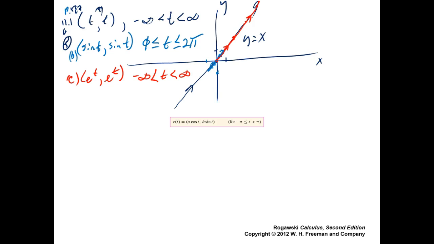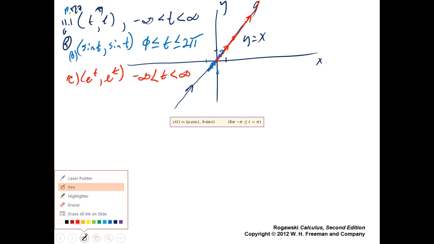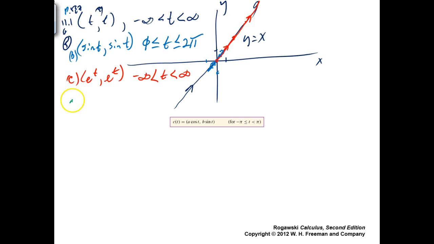Okay? Now, the D part. Give me a color. Green, okay. And we'll do the D in green. And that was T cubed, T cubed. And that goes from -1 to 1. Interesting. Okay.